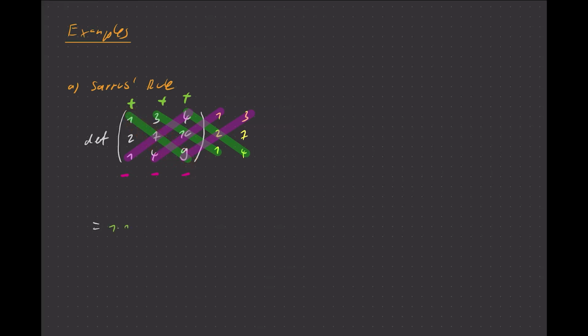So it's 1 times 7 times 9. Then along this one, we get 3, 10, and 1. So 3 times 10 times 1 plus. And finally here we have 4, 2, and 4. So this is the positive parts.